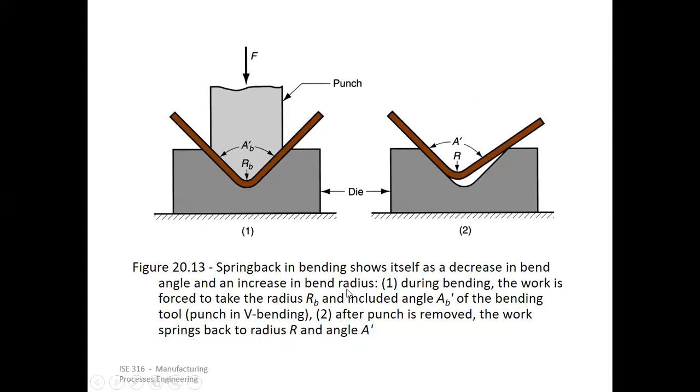For sharper corners, you have less of that radius. You have a sharper radius here. So if there is an increase in bend radius, maybe it is not 5 mm. Let's say it becomes 10.